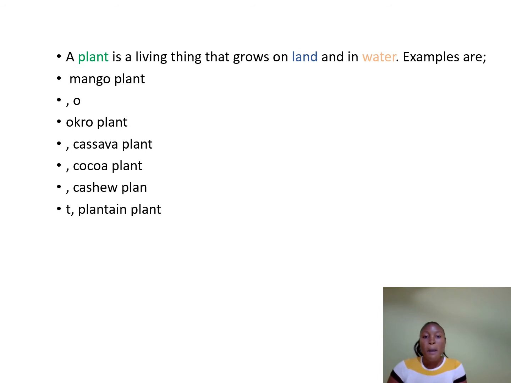Examples are mango plant, okra plant, cassava plant, cocoa plant, cashew plant, and we also have plantain plant. These are some examples, and I know you know a lot of them. Good. Now let's continue.